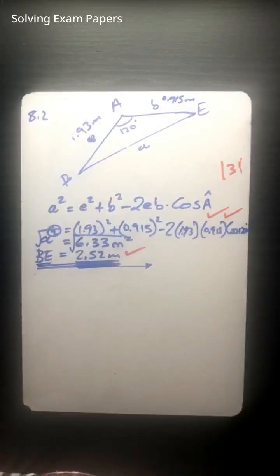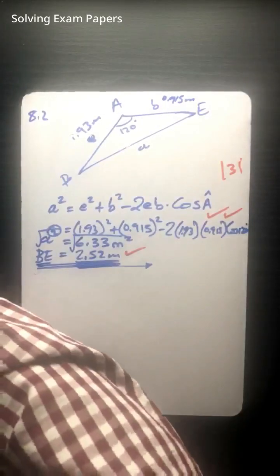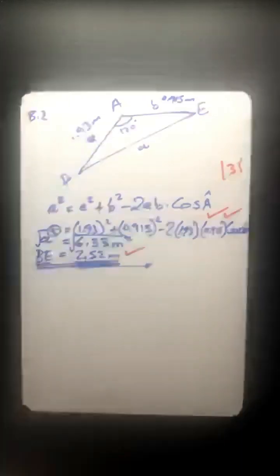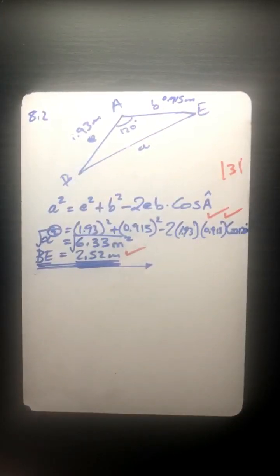Okay. Thank you, Leslie. So now let's see. I think in that way we are able to have a look at 8.3. So let's see. 8.3 says calculate the area of triangle.